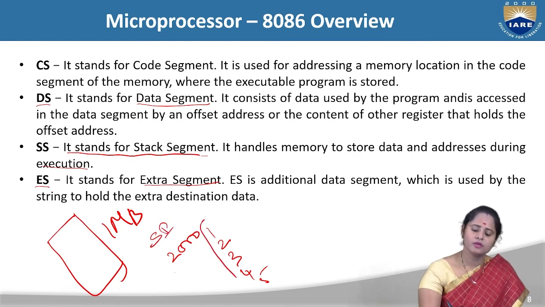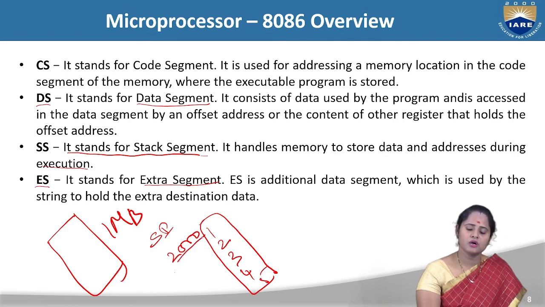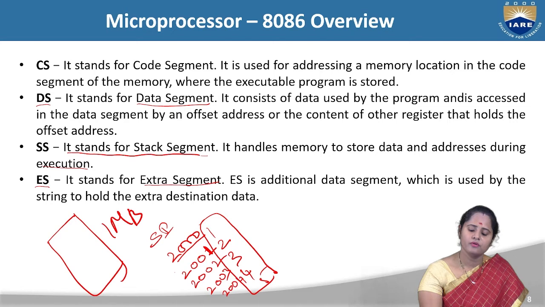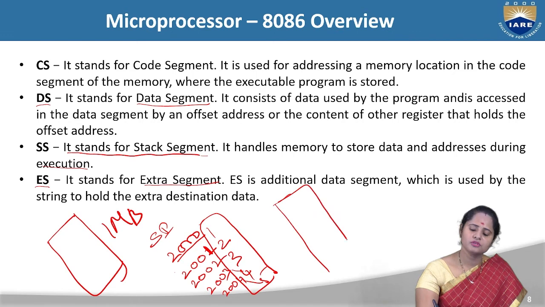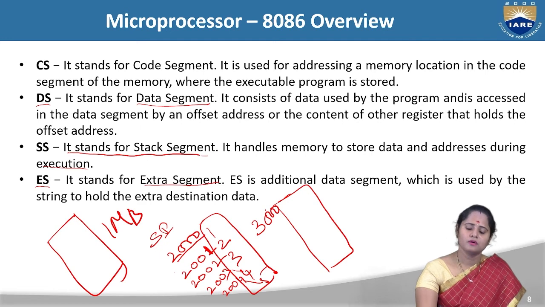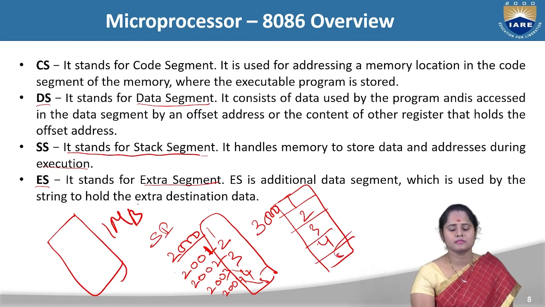In 2000 we have 1, in 2001 you have 2, in 2002 you have 3, in 2003 you have 4, in 2004 you have 5. This data I need to transfer to another memory location with address 3000. So whenever I need to transfer data from one memory location to another, you can use the extra segment.